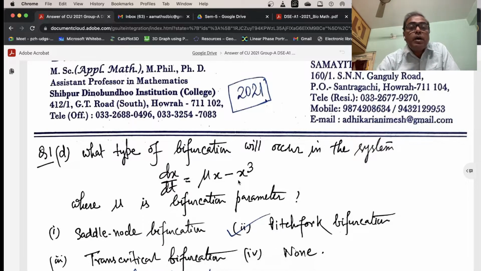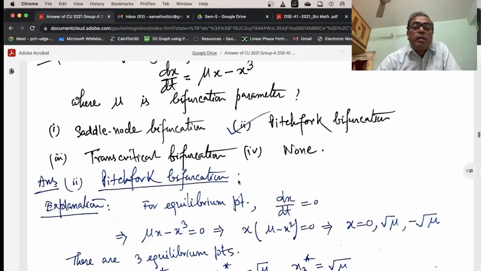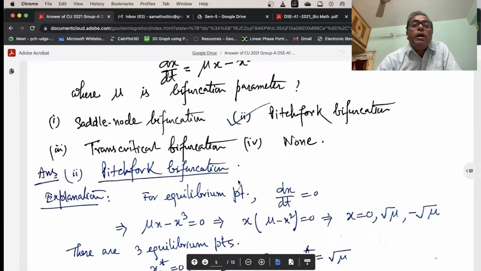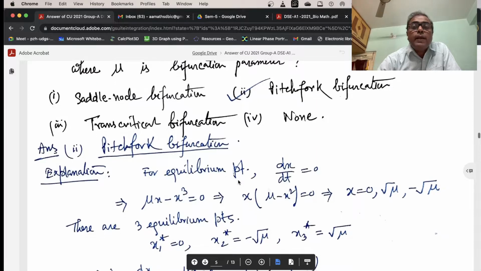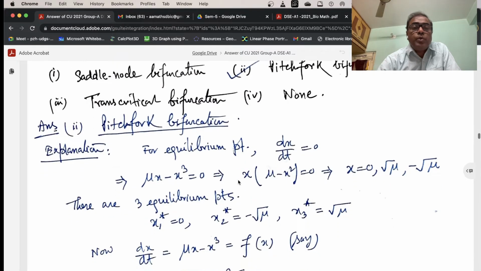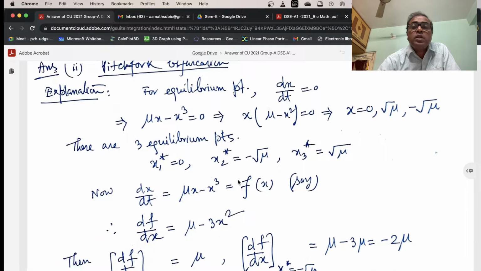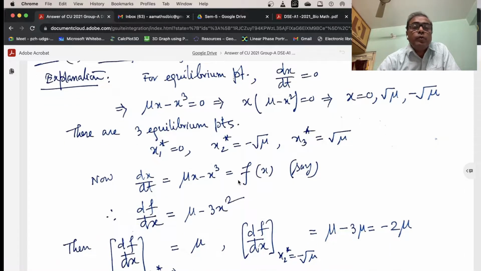This type of differential equation dx dt equal to mu x minus x cube is the pitchfork bifurcation, because dx dt equal to 0 for the equilibrium points, so we get the values x equal to 0 or root mu or minus root mu. So we get three equilibrium points: x1 star equal to 0, x2 star equal to minus root mu, x3 star equal to root mu.